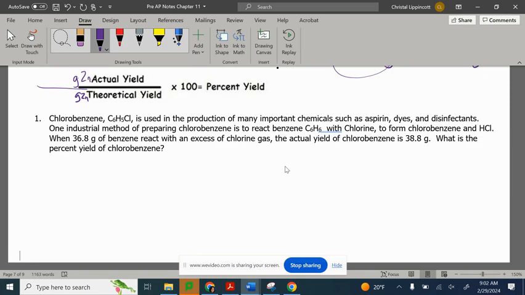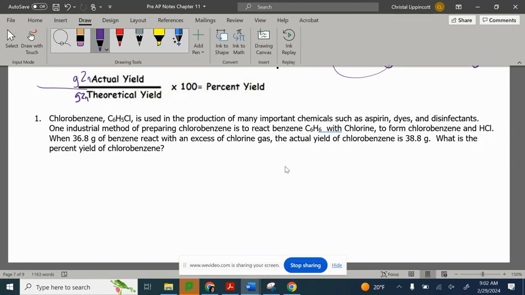All right, so we've got chlorobenzene, C6H5Cl, which is used as an important chemical disinfectant. One preparation. So this is going to be preparing it. So I got to get rid of this first of all because that's going to be my product.